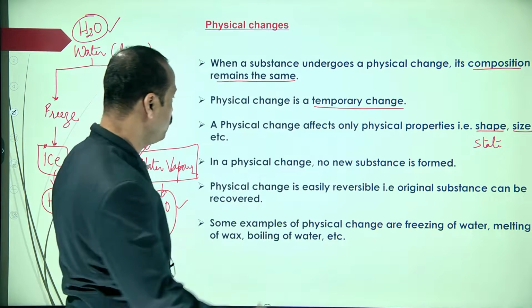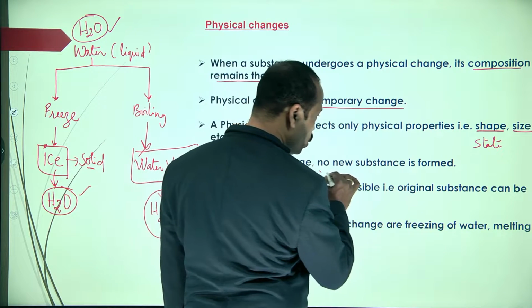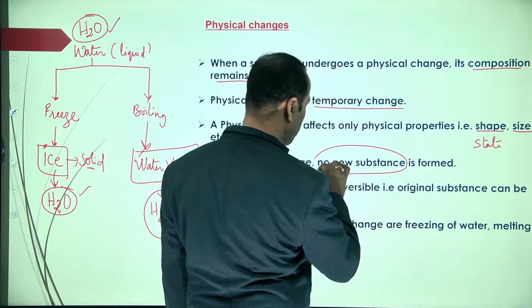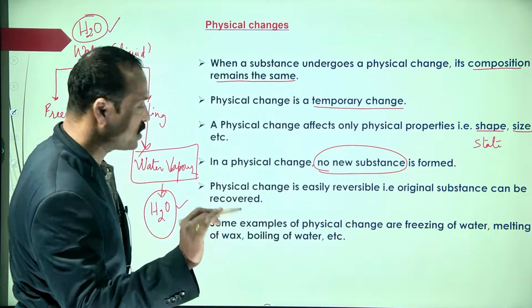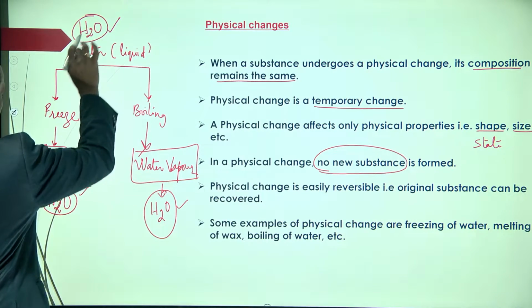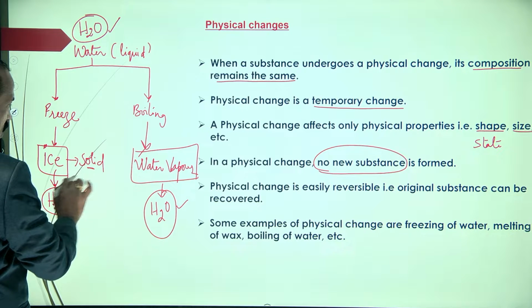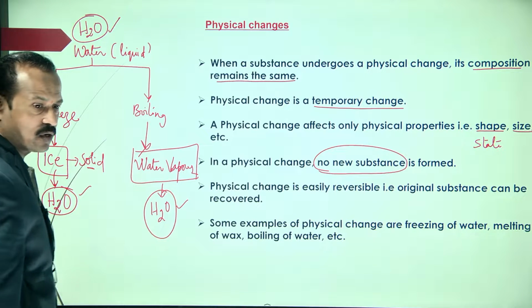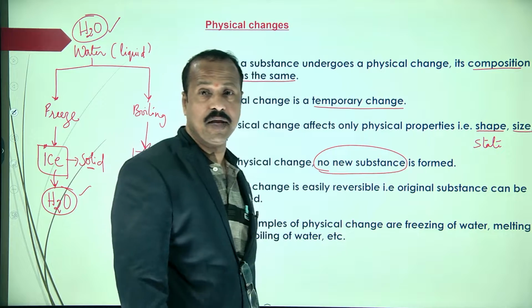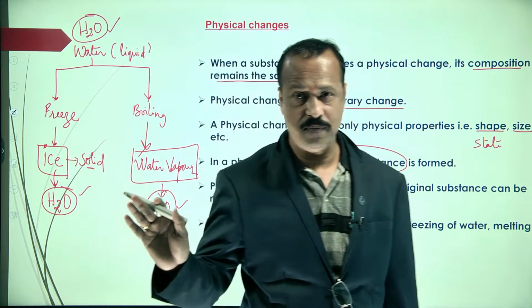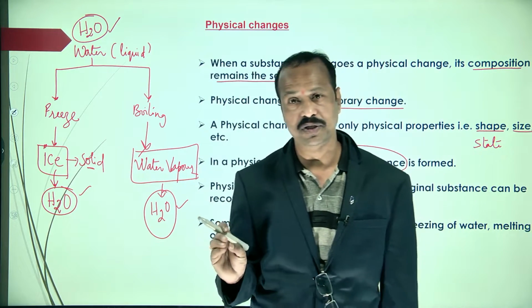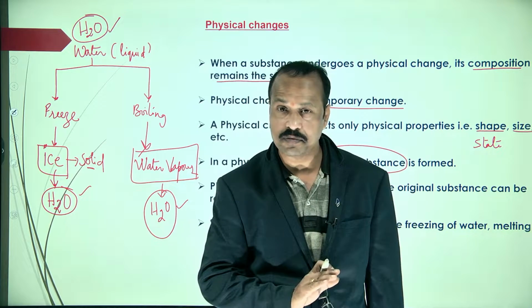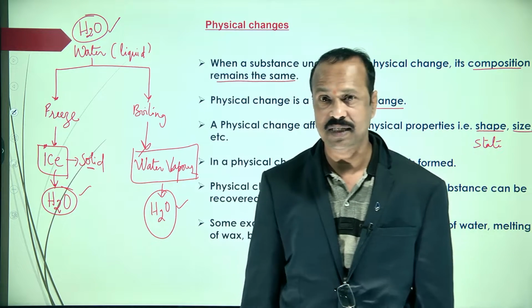And in a physical change, no new substance is formed. This is very important. Water is water only, ice is water only, vapor is water only. Whatever the state, the composition remains the same, so no new substance is forming.